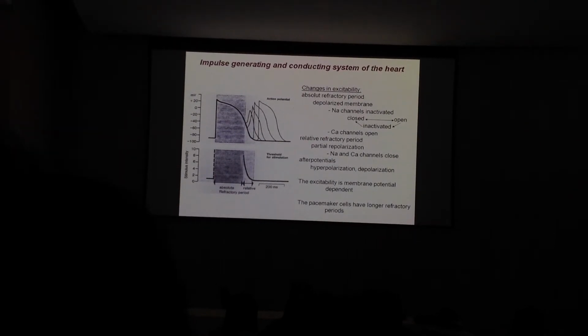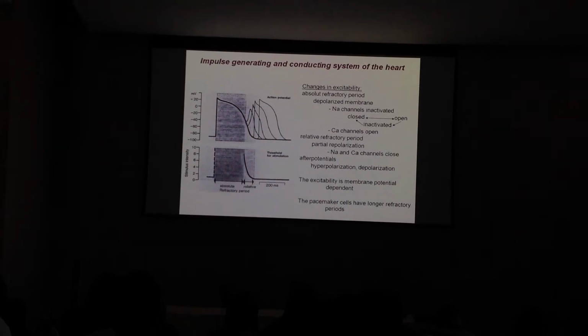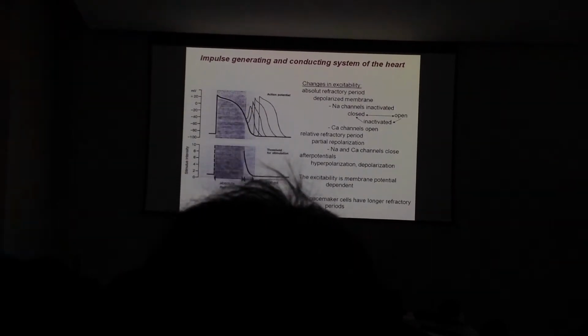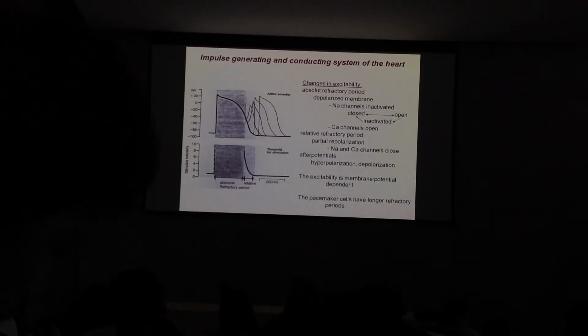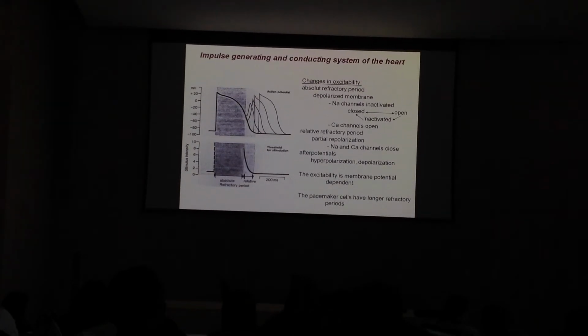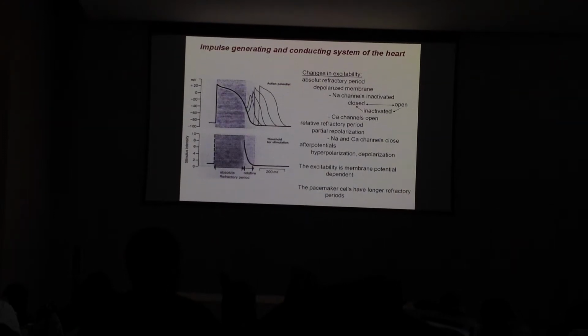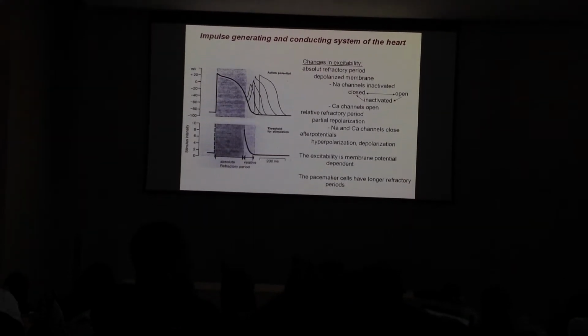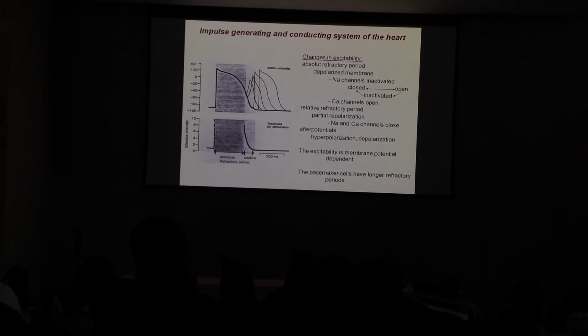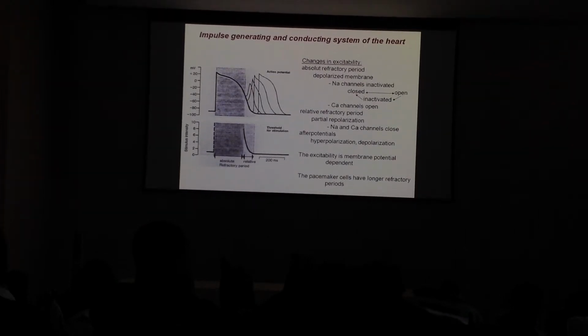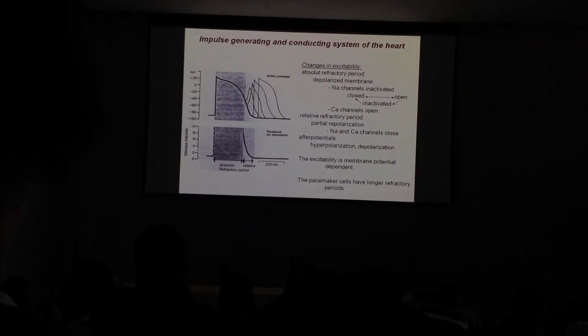Because these resting sodium channels are located very rarely. The density is very low. Therefore, we need a larger current intensity to be able to reach the threshold value everywhere in the membrane to evoke a propagated action potential.